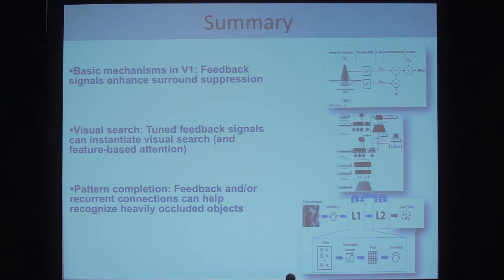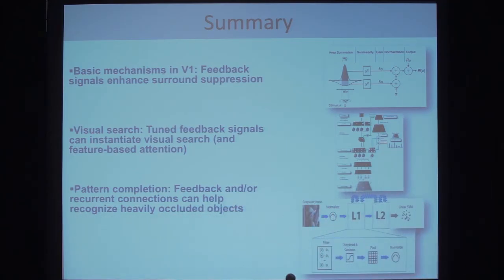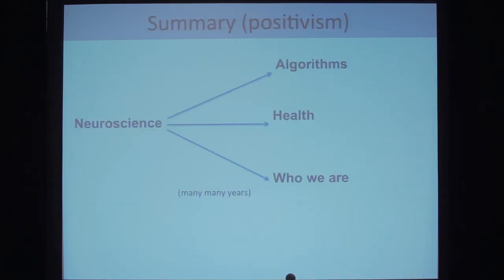The second one was by showing how feedback can help in the context of visual search with cluttered scenes. And the third one is in the context of pattern completion and how adding recurrent computations onto the computational models can help us understand and perform better in heavily occluded object recognition tasks.